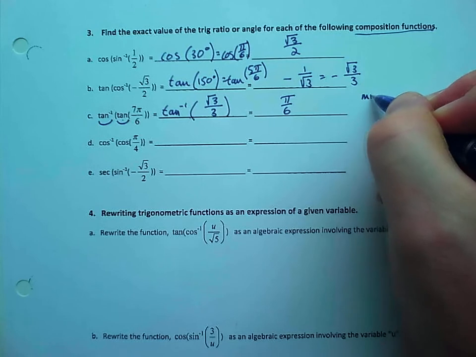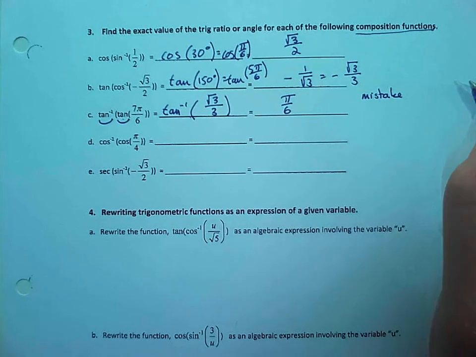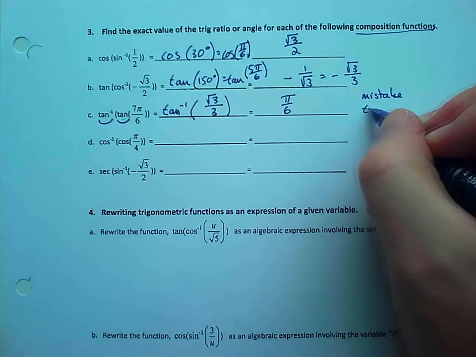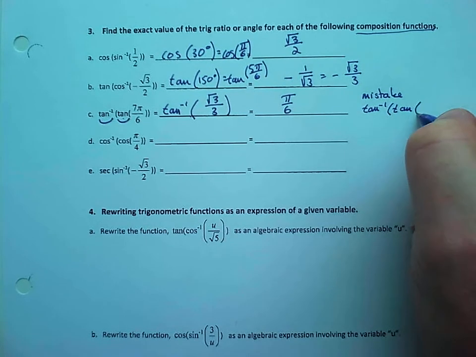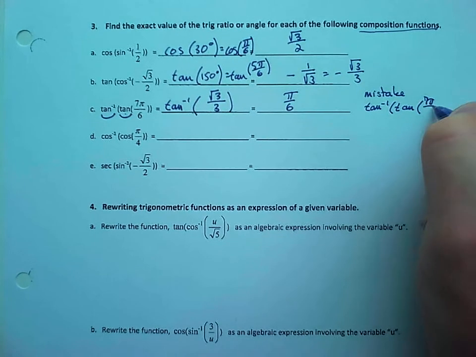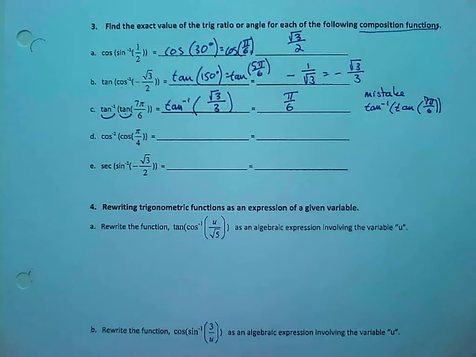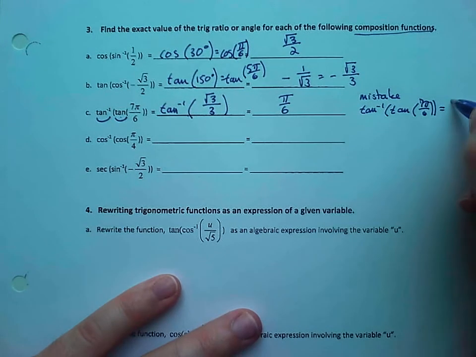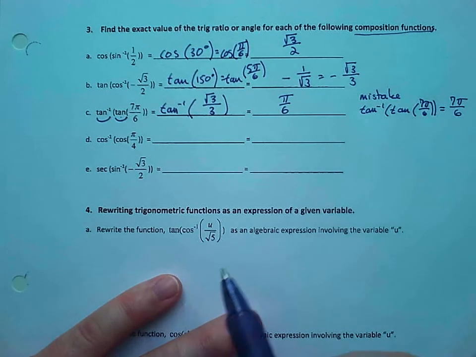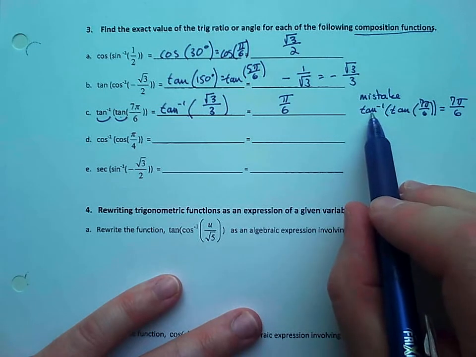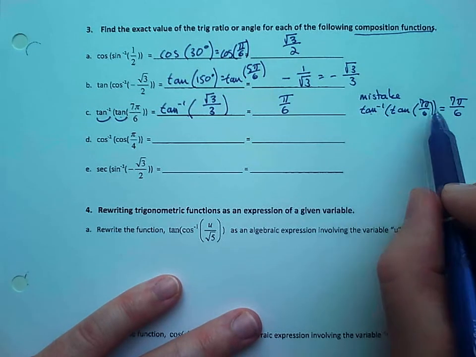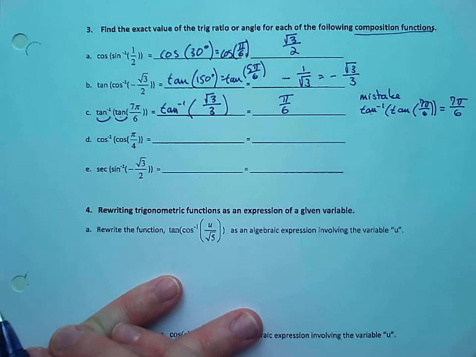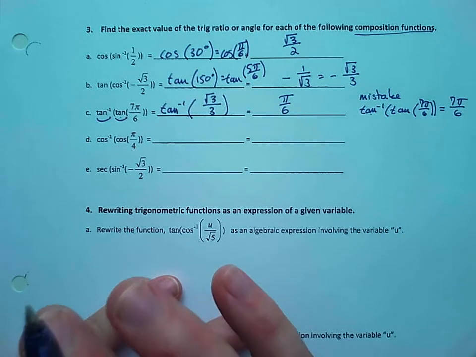So a common mistake, so I'm going to write this over here, is to say that the inverse tangent of the tangent of 7 pi over 6 is simply just equal to 7 pi over 6. Because here you're taking the inverse of the first function of some value. Generally speaking, you would just get that value back.